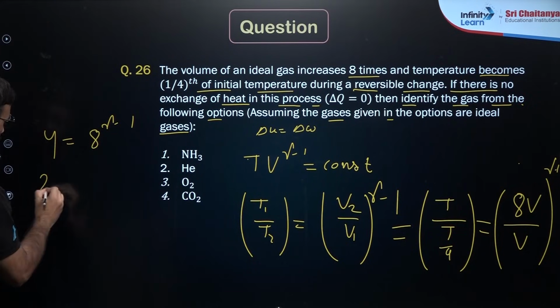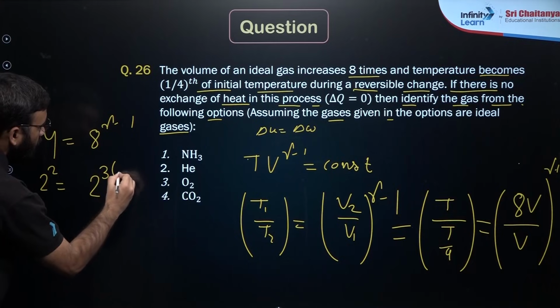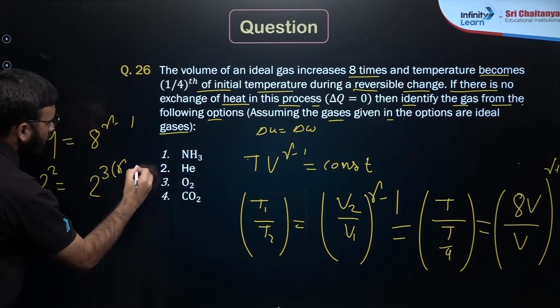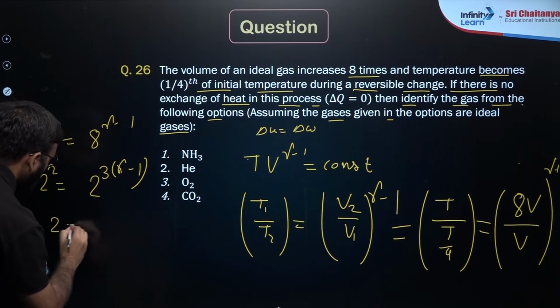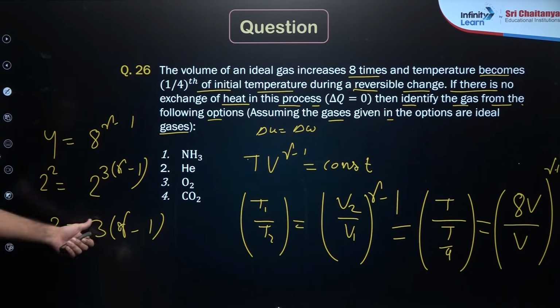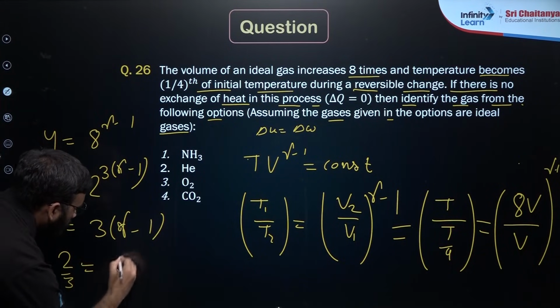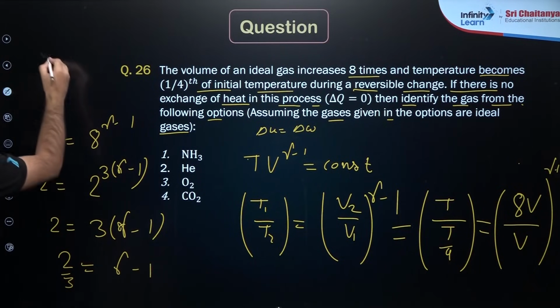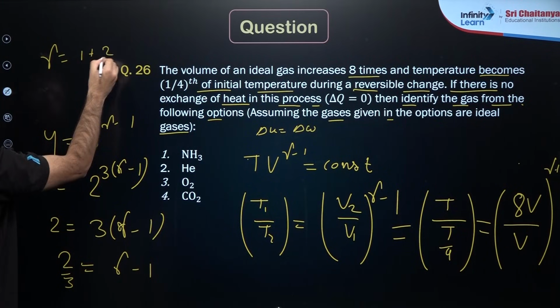So 2 power 2 equals 2 power 3 into gamma minus 1. So you can compare: 2 equals 3 into gamma minus 1. So 2 by 3 equals gamma minus 1. So my gamma equals 1 plus 2 by 3.